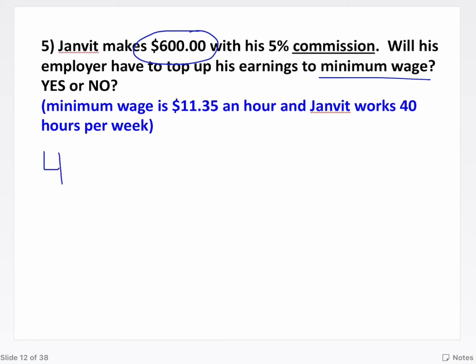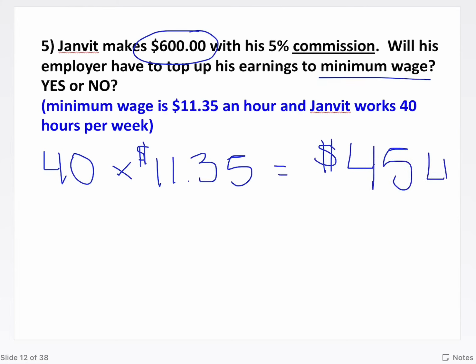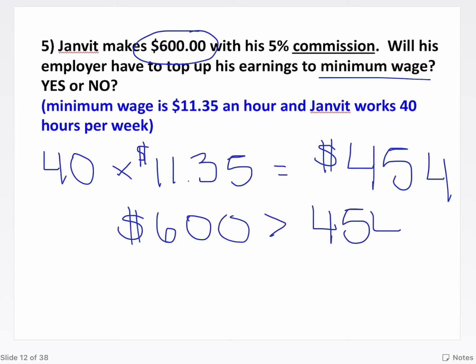So if Jan Veet was just getting paid minimum wage for a 40-hour work week, 40 times $11.35, that would be $454. So off of his commission agreement, Jan Veet made $600. Because $600 is greater than $454, his employer is not required to top him up. He's making more than minimum wage, so that's the incentive for him.